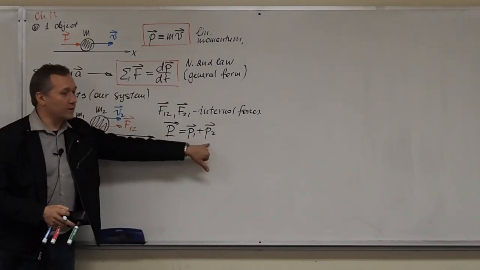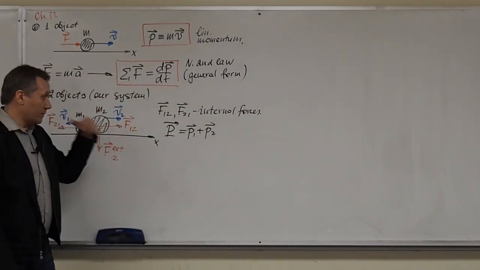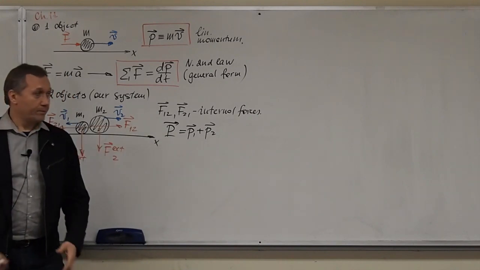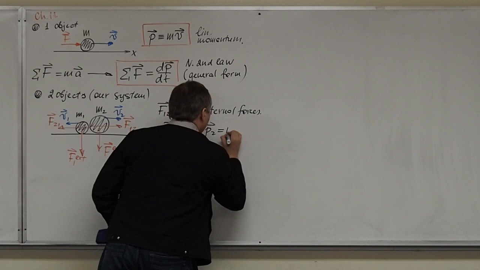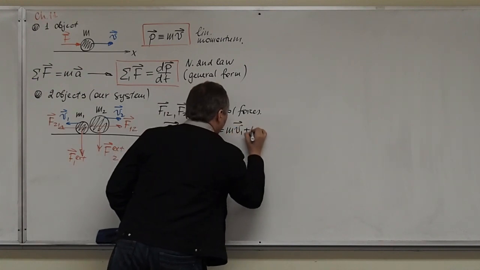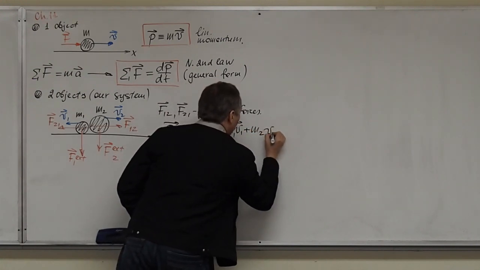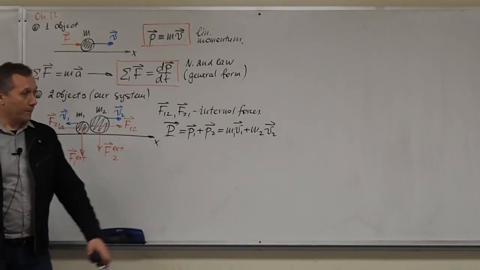These two p's are small p, because there's no bar underneath. Of course, we can write it using the definition of momentum, m1 v1 plus m2 v2.